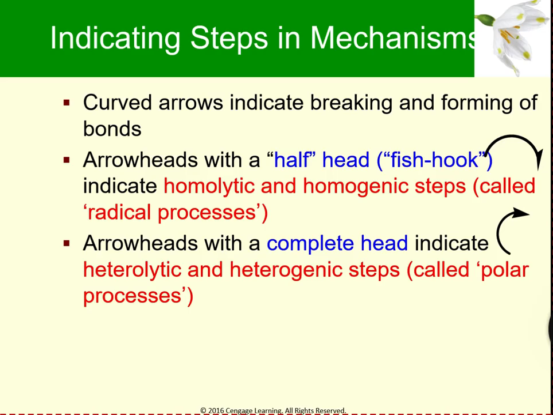And in order to redistribute the electrons in the chemical bond, we have to indicate the moving of electrons. When you show the moving of electrons, the head represents the number of electrons.